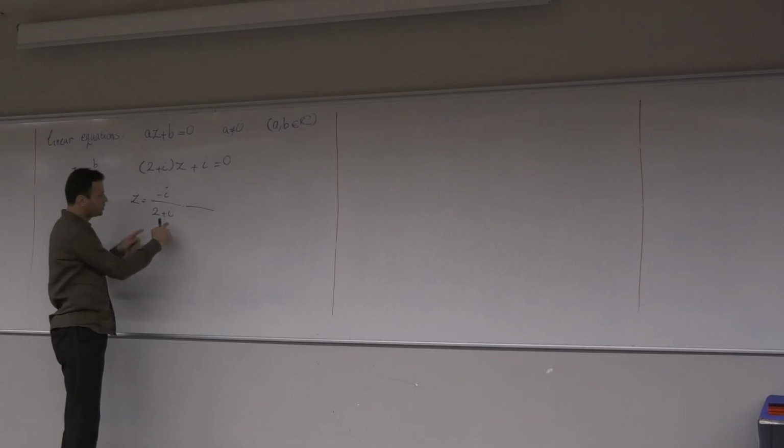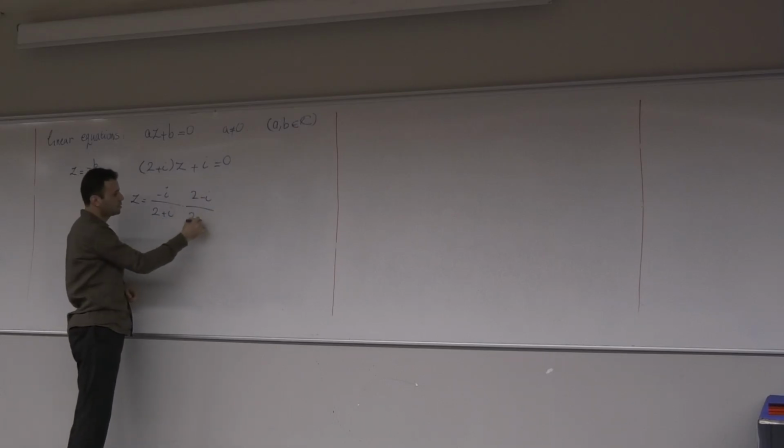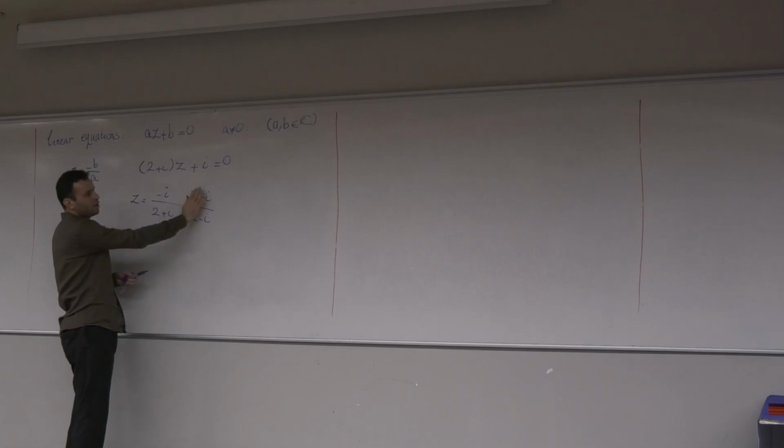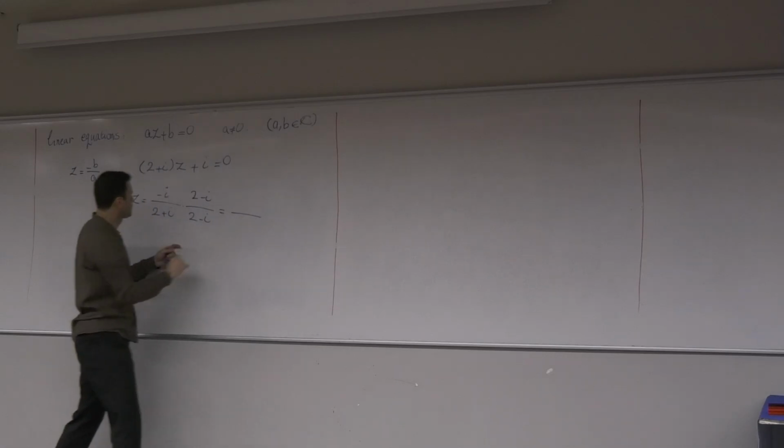Just multiply this with the conjugate of this denominator, right? 2 minus i over 2 minus i. This is 1 actually, and multiplying a number by 1 does not change it. It is going to be what?